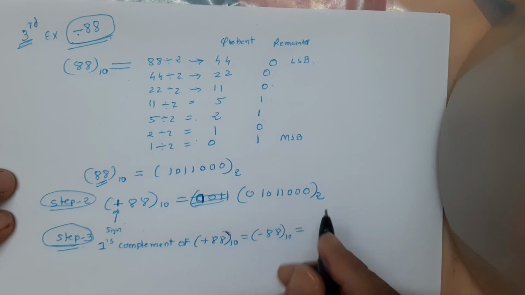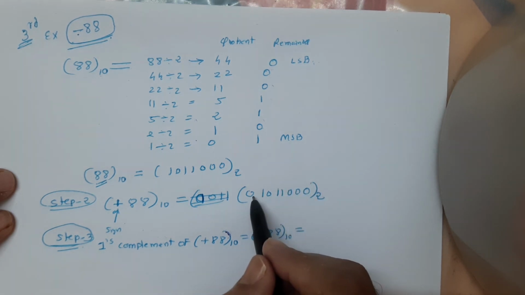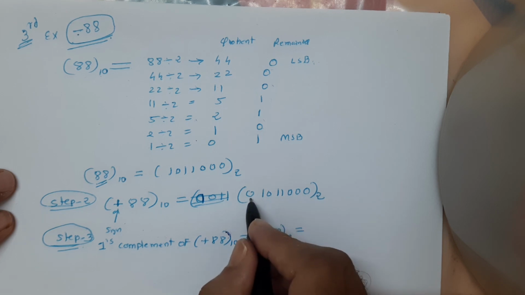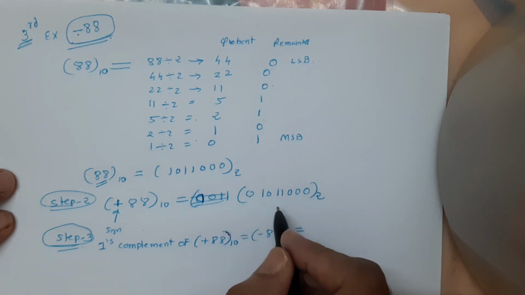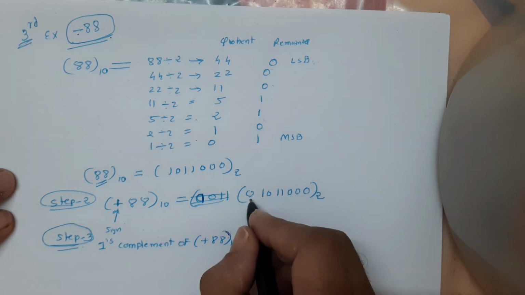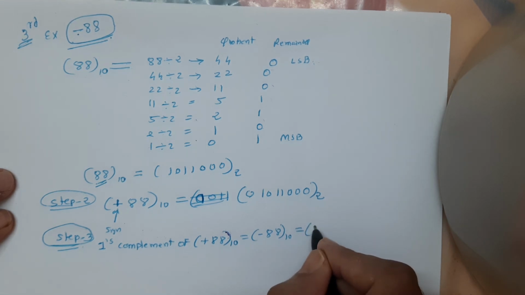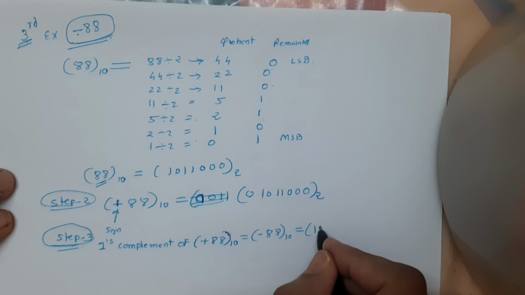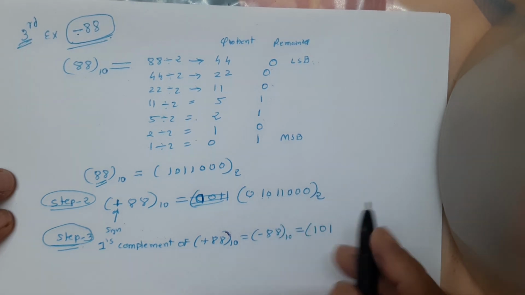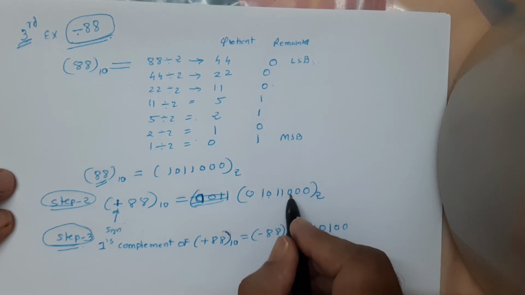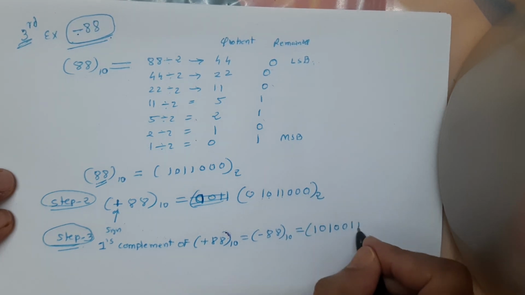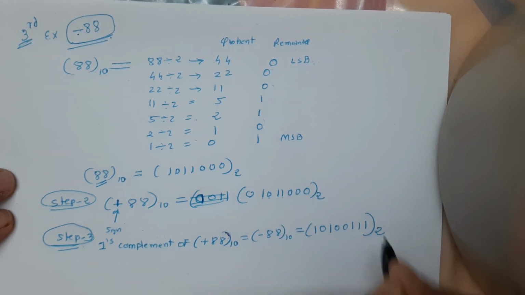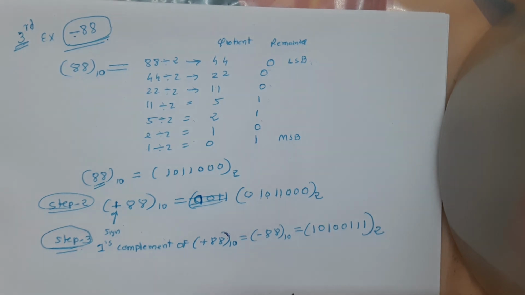Convert this to ones complement, that means whenever there is a 0, convert it into 1. So this 0 becomes 1, right? This 1 becomes 0. This 0 becomes 1. The remaining 0 0 0 0 0 become 1 1 1, and this is your binary number.